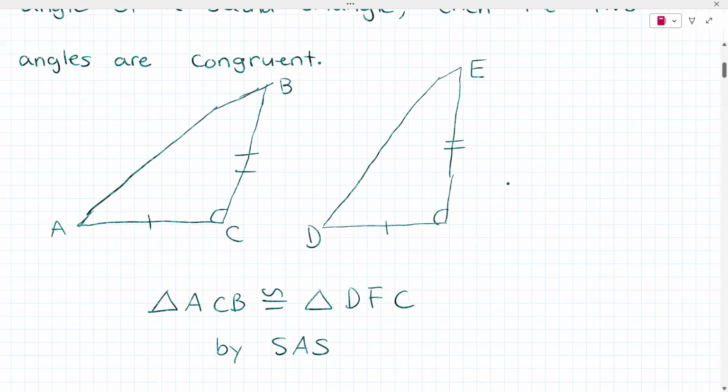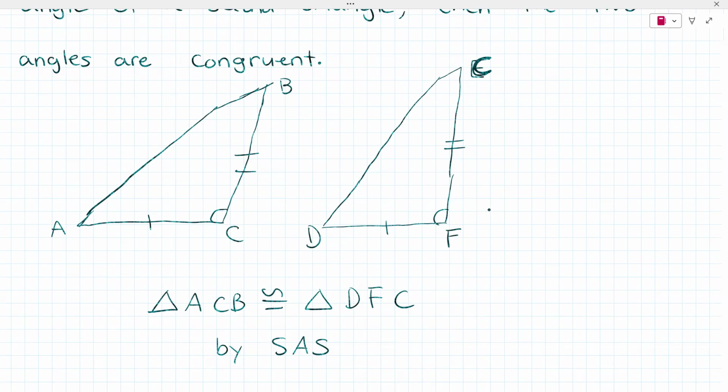So if you look at these two triangles, triangle ACB is congruent to triangle DFC, by side-angle-side.